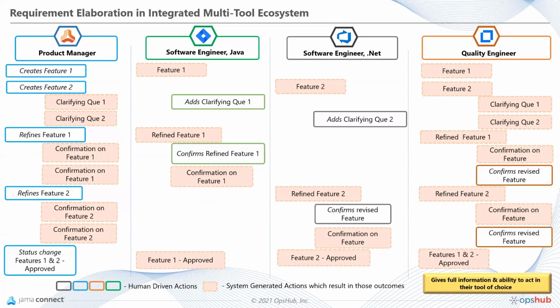And then we go on down the line there. So anything in the shaded box is an automated system, automatically coming over, so that feature one automatically comes over. The Jira engineer sees it, thinks about it, adds his clarifying question as he's thinking about breaking it down, and so on. Next slide.